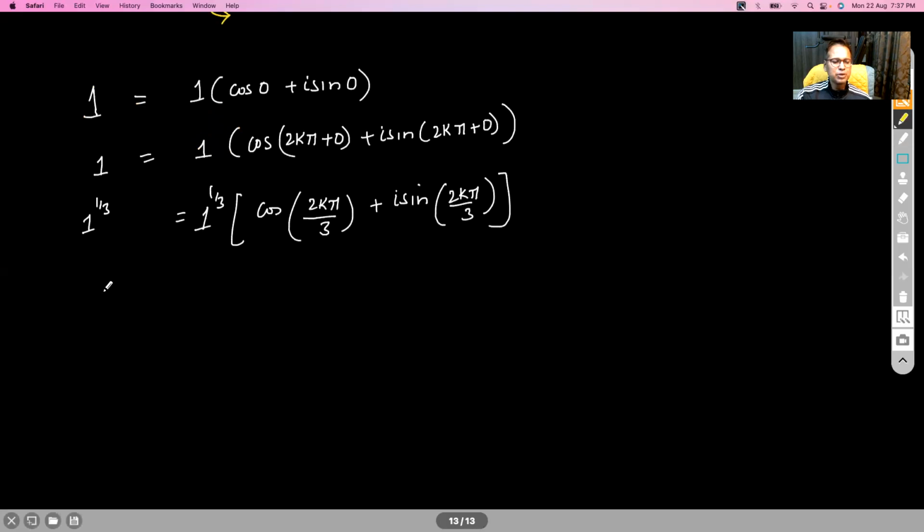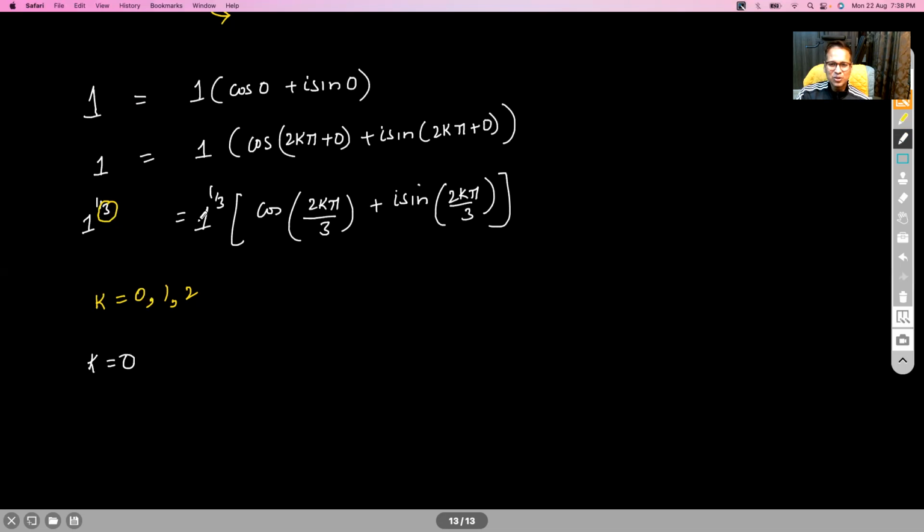Now, here start putting your k value as 0, 1, and 2 because we are finding the third root. So we have to stop till 3 minus 1, which is 2. So 0, 1, and 2. Okay. So what happens when you put k as 0? Yes, the answer is not going to change because of that. You can try it out, Pratik.